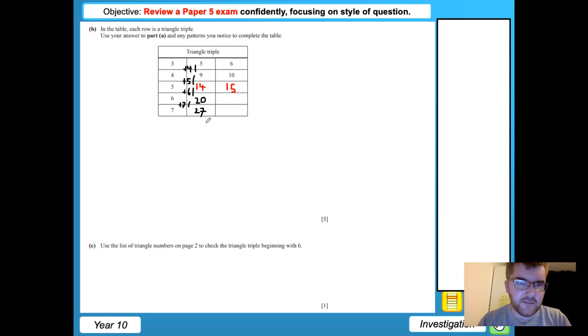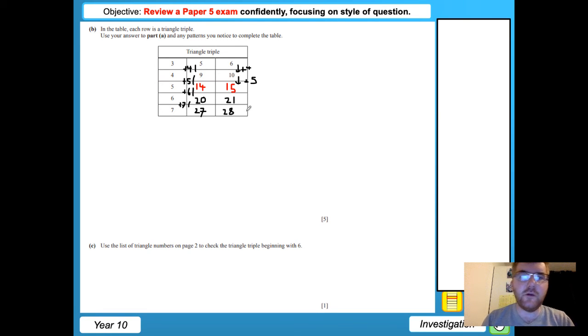And we can do a similar idea for this one here as well. So this again is plus 4, plus 5, or you can consider that this number always has to be 1 more than this number. That's the other way of thinking about it as well. And that's giving us then 21 and 28.